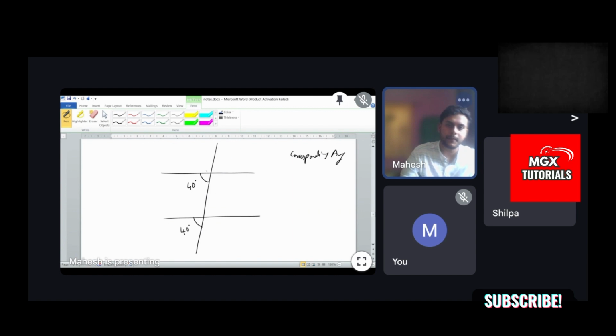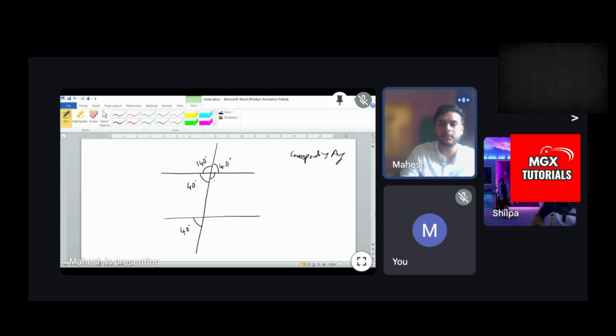Next. If this is 40 degrees, this will be 40 degrees. 140 plus 40, 180. If this is 40, this will be equal to this. Easy. This is how we find everything. Now take the notes from the beginning.